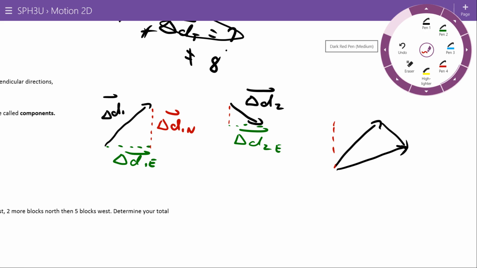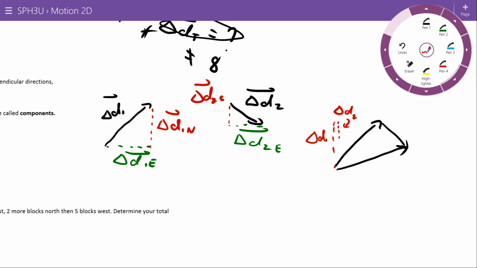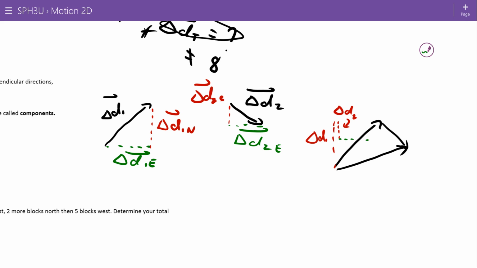So we went delta d1 all the way up there, and then delta d2, that would be back down like that. So basically we treated it like you went north and south, and now we're going to deal with when you went east. So you went east some distance of delta d1, and then some other distance of delta d2, and those things overall will give you your total displacement.